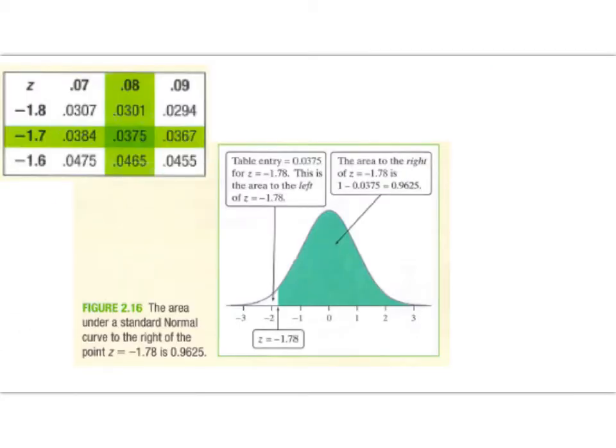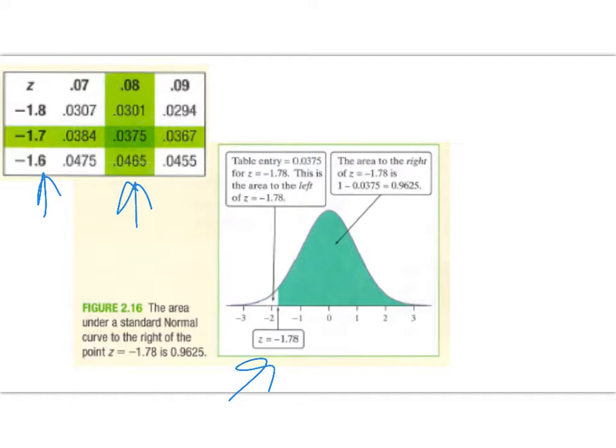So looking at that here, you can see this in play. I've got a z-score here of negative 1.78. Again, on my zoomed in version of the table, here is my negative 1.7, and then here is my 0.08.